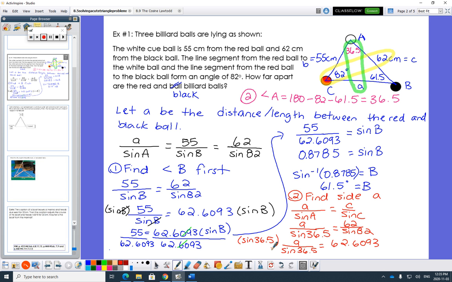If you don't prefer to leave it as sine 36.5, you can do that in your calculator, change it into a number.